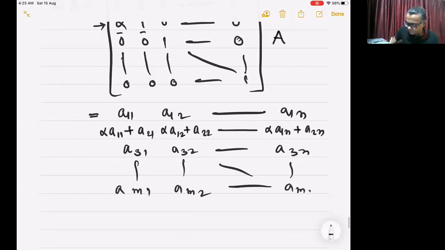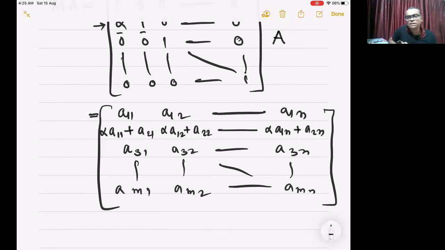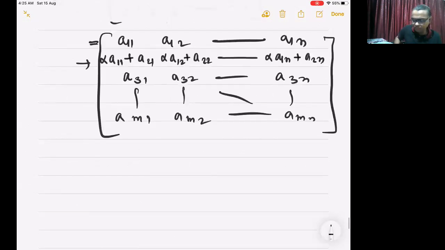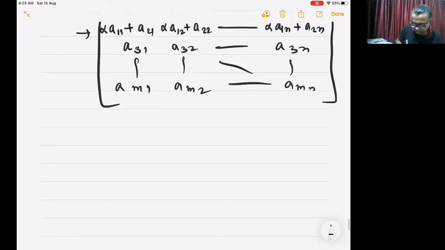Everything else remains exactly the same. Only the second row gets changed by the second row plus alpha times the first row. So that is how it's going to look. Your immediate attention problem will be to describe what will happen to this in general.